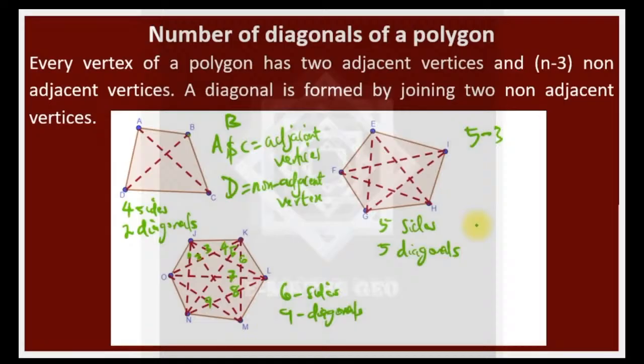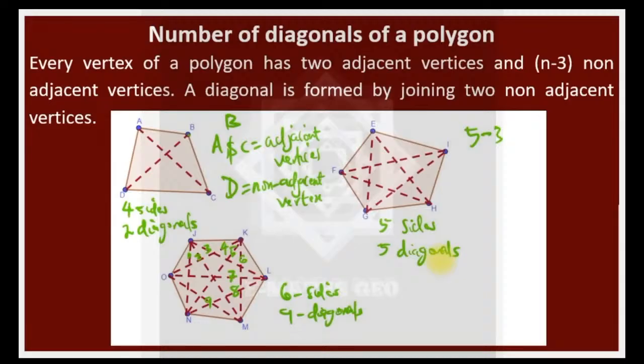So if we now have n vertices, the total will be n times n minus 3. Do you get the logic? 1 will have n minus 3. So 2 will still have its own n minus 3. So for n vertices, it will have a total of n times n minus 3 non-adjacent vertices forming the diagonals.